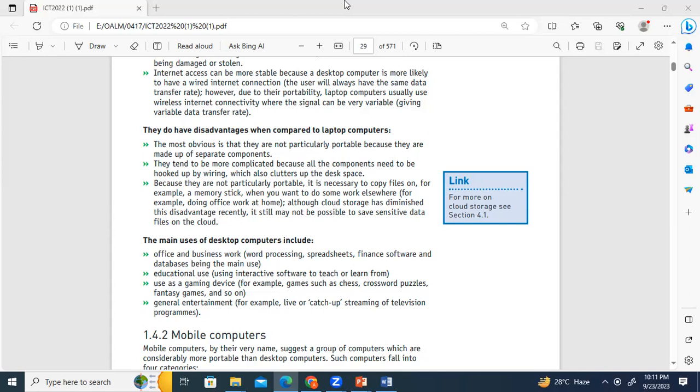Desktops have a lot of wiring which can be messy, and they have cloud storage which is not usually secure. They tend to be more complicated because of all the components and all the wirings. As I said, it is very messy, and they are not particularly portable, so it's not necessary to copy files.